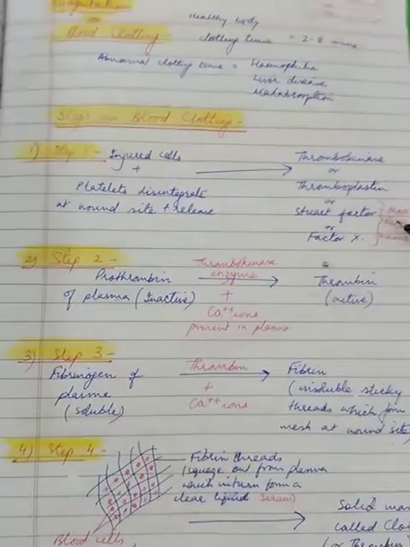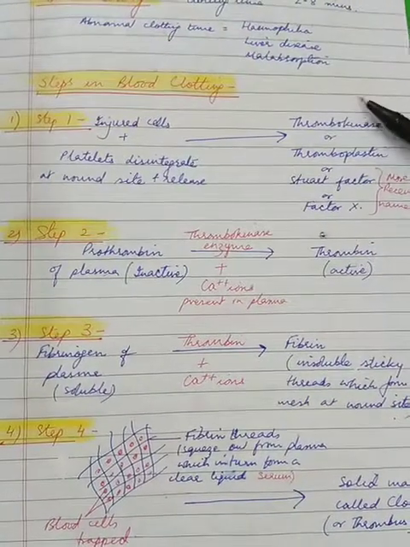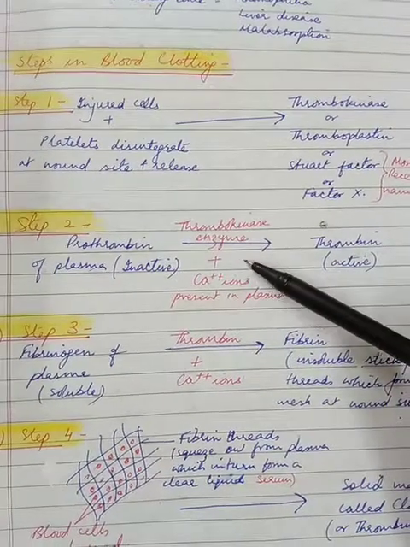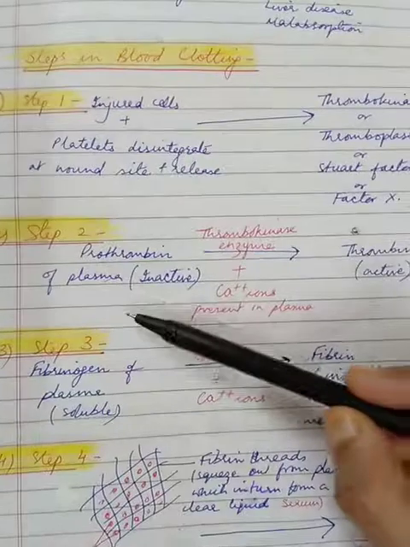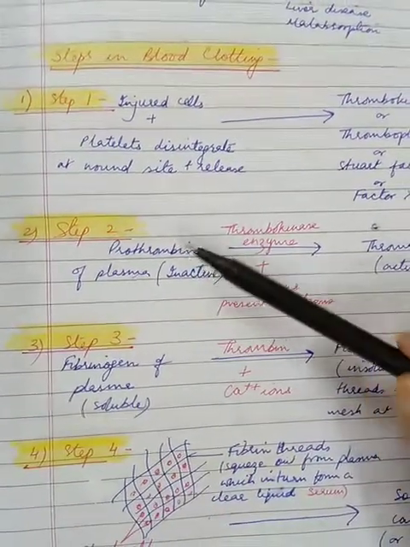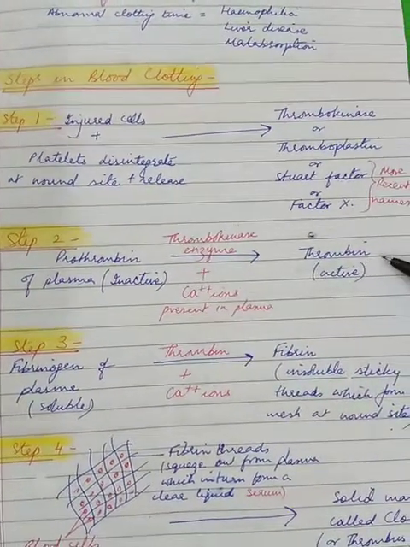Alright, now step 2, the same thrombokinase which has formed, right? It acts as an enzyme, and with the help of calcium ions of our plasma, there is a substance which is inactive. We call it prothrombin. Pro means inactive. So this will be converted into an active thrombin.